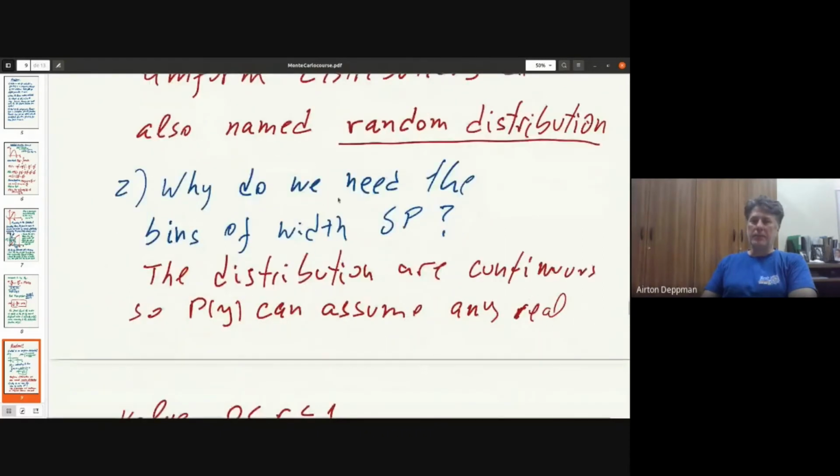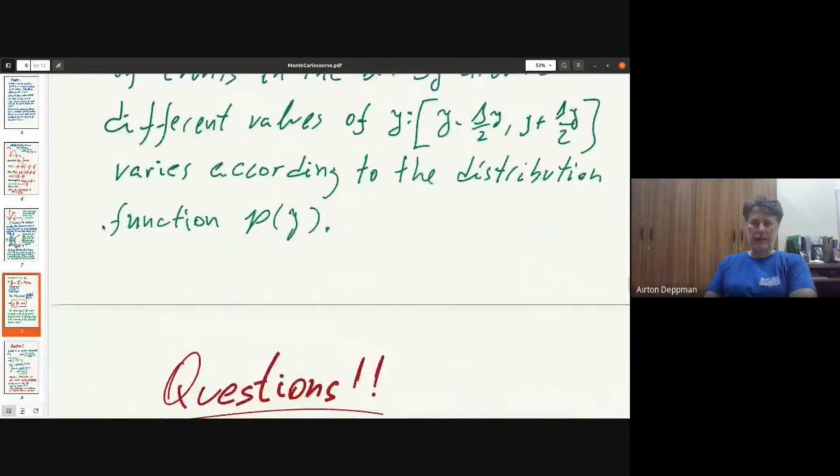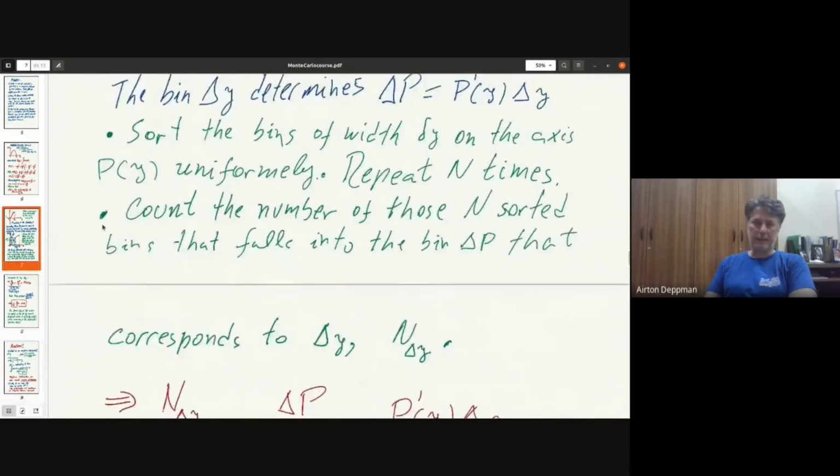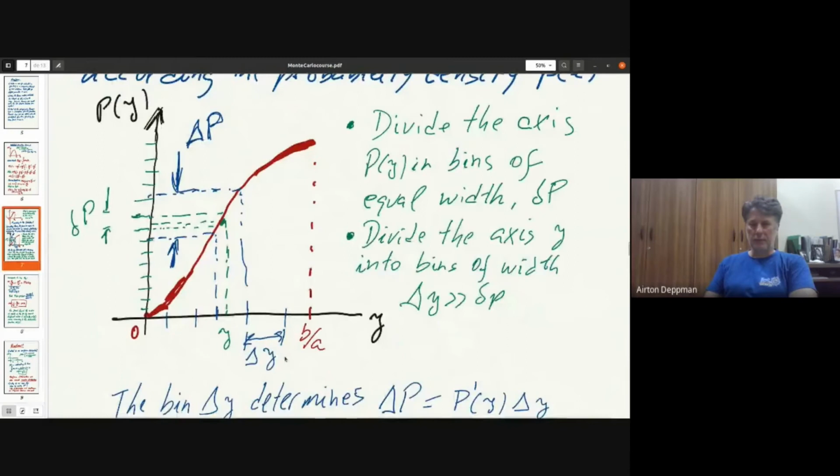Why do we need the bins of width delta p? This is an interesting point. Notice that in fact, I could just define bins here and the corresponding range here. Then I sort values between 0 and 1, which corresponds to the maximum here in the integrand, if the cumulant is normalized.